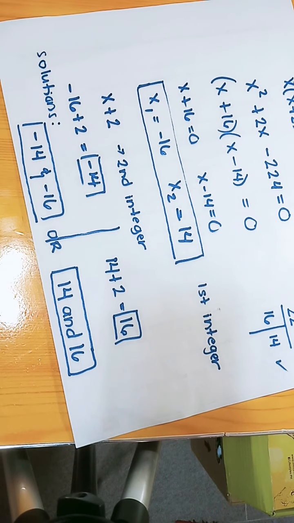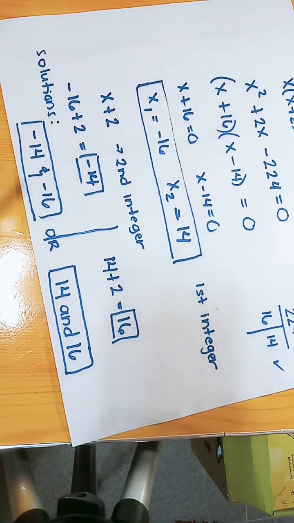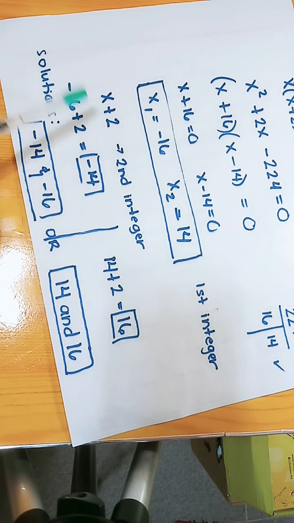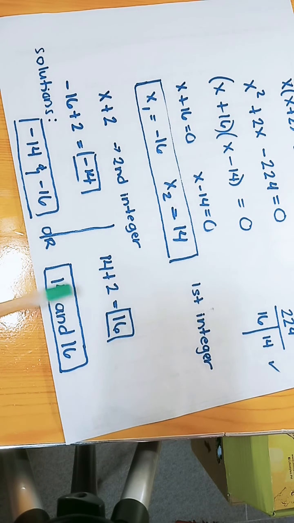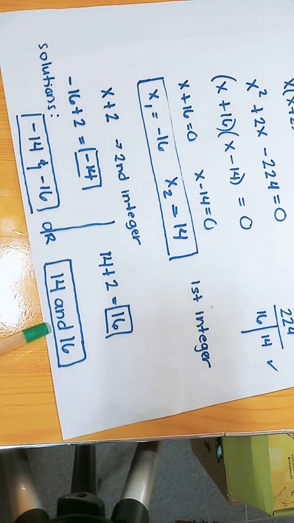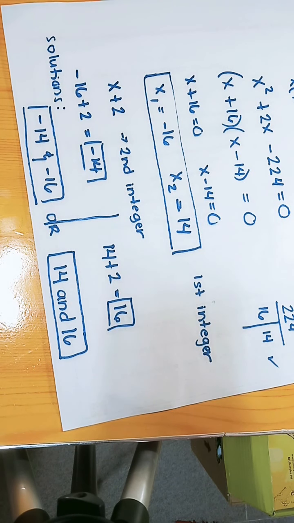So, for our first set of solutions, negative 14 and negative 16. And for our second set, we have x plus 2, 14 plus 2 is positive 16. So, we have 14 and 16 on our second set of solutions. Meaning, there are two sets of solutions na possible dito. The two even integers can be negative 14 and negative 16, or a combination of positive 14 and positive 16.